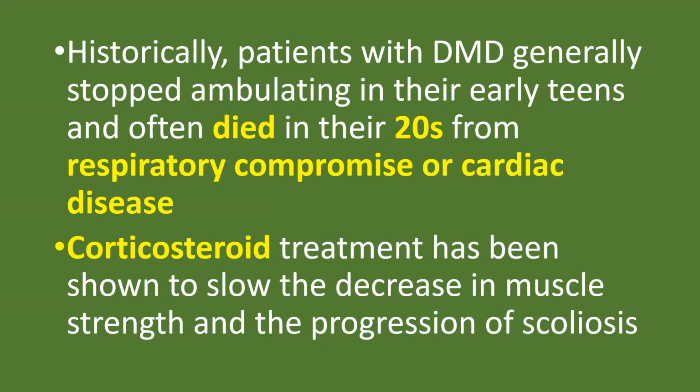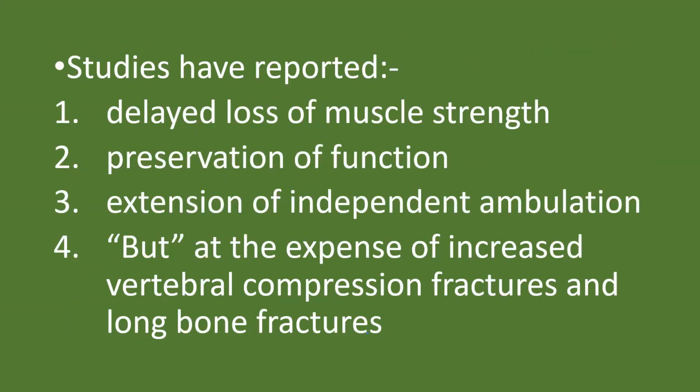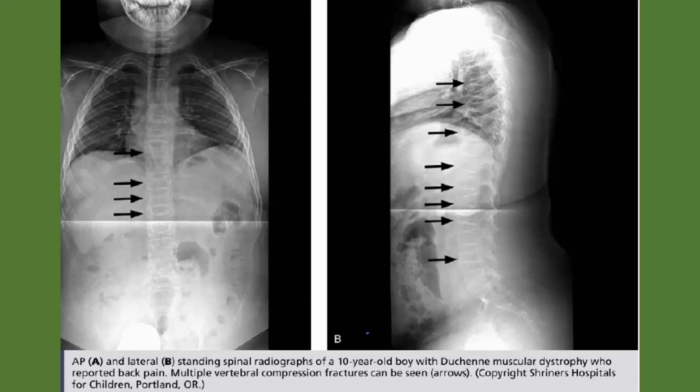Studies have reported delayed loss of muscle strength, preservation of function, extension of independent ambulation, but at the expense of increased vertebral compression fractures and long bone fractures. These are multiple compression fractures that can occur in these cases. So you have to be very careful while you follow up these patients.